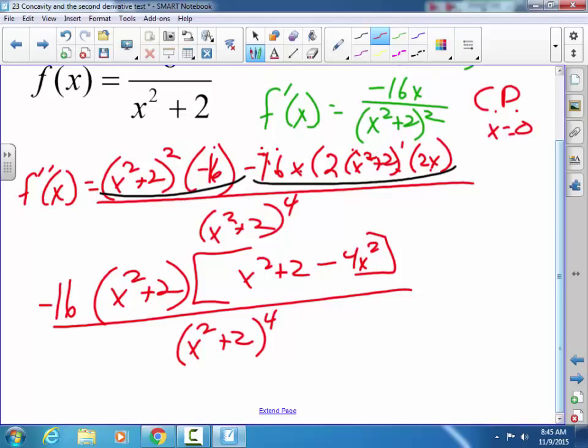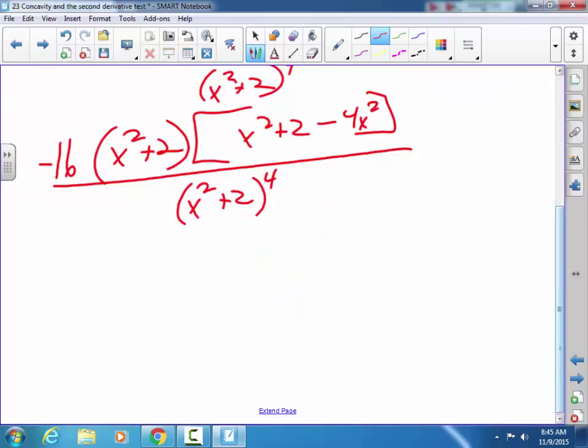So now, is there any other cleaning we can do here? Yes, we can combine the x squared and the negative 4x squared. Anything else we can do? That'll become negative 3x squared plus 2.